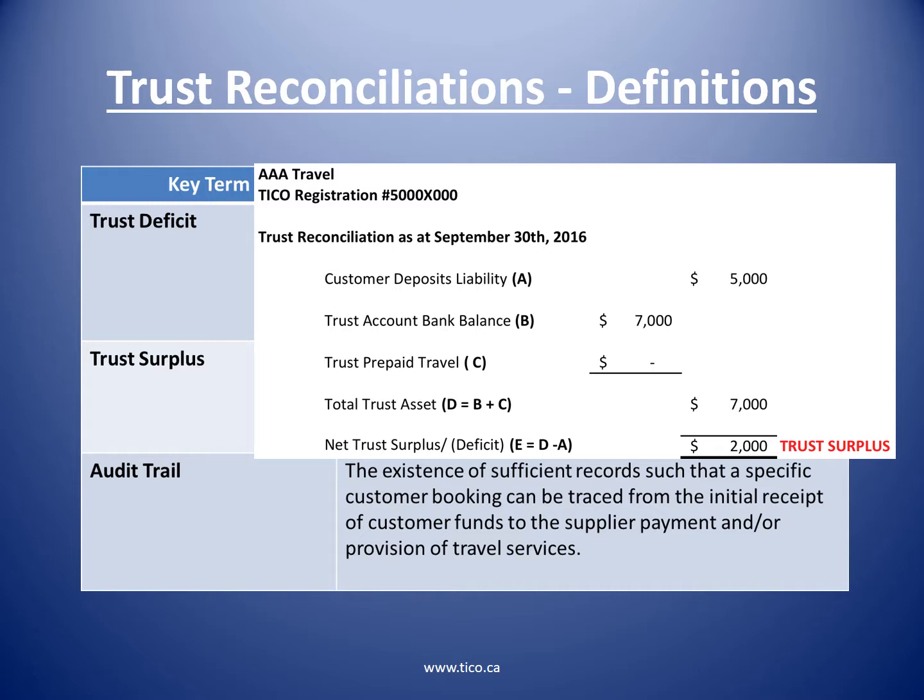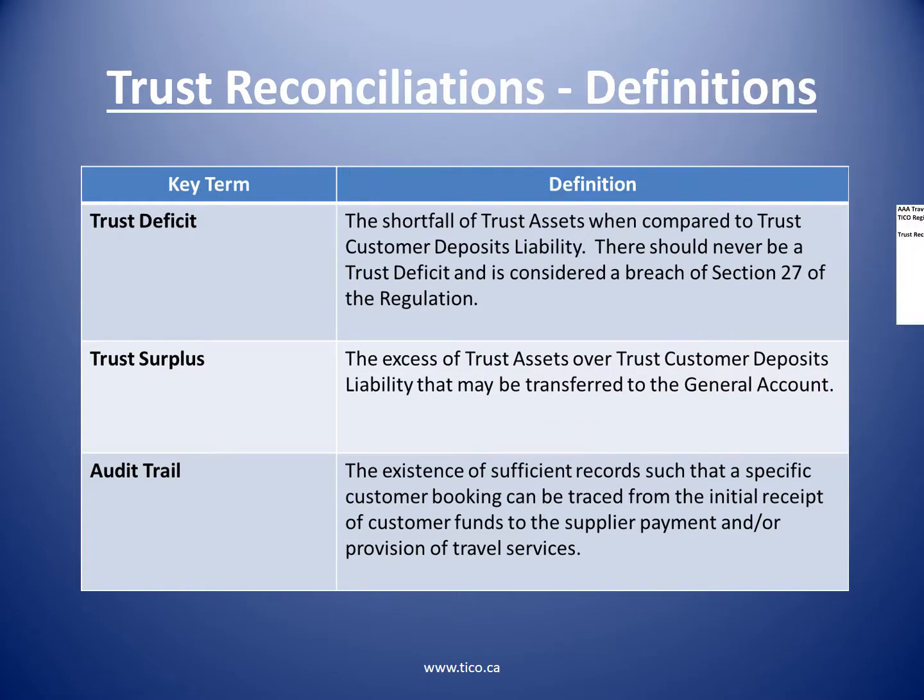This trust surplus represents the maximum funds available that can be transferred from the trust account to the general account. Audit trail refers to the existence of sufficient records such that a specific customer booking can be traced from the initial receipt of customer funds to the supplier payment and/or provision of travel services.